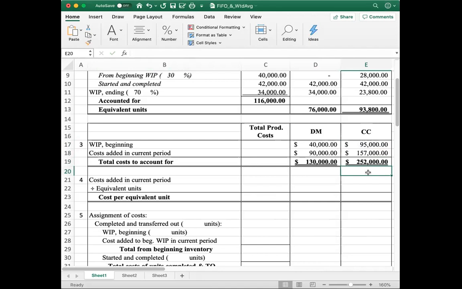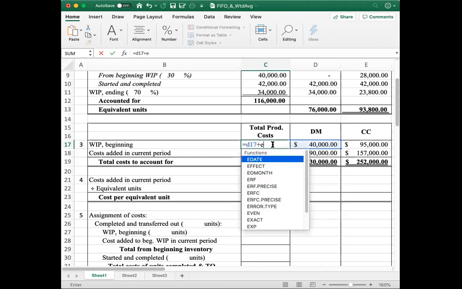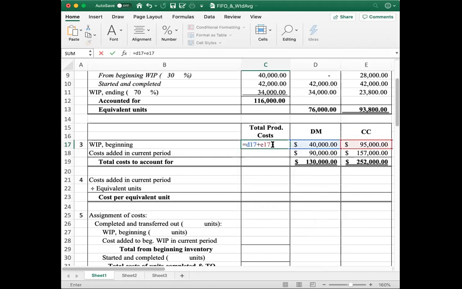Now we added these costs vertically. Now we're going to add horizontally for beginning work in process, which is D17 plus E17. So the total of the work in process beginning is 135,000. Similarly, for conversion cost, D18 plus E18 added together is 247,000.